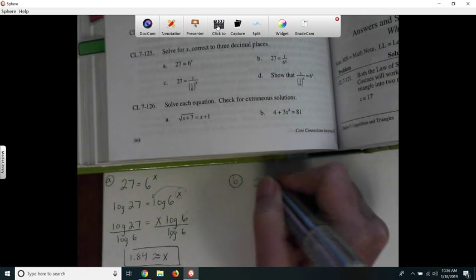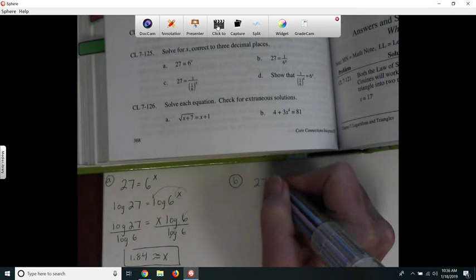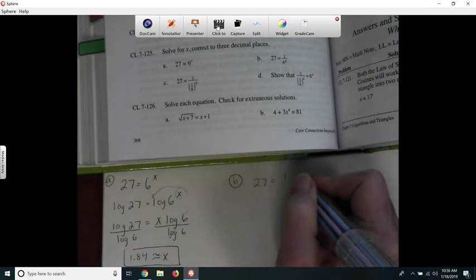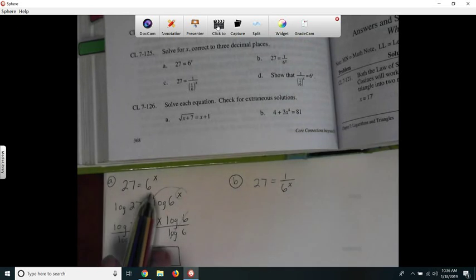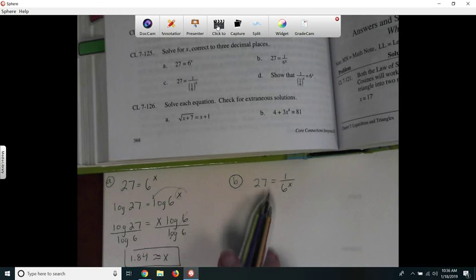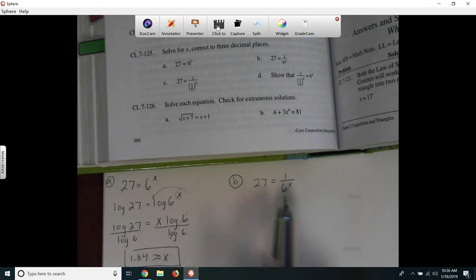So since I noticed there's all these similarities between the problem I just did and this second problem, I'm going to rewrite this one using some laws of exponents.